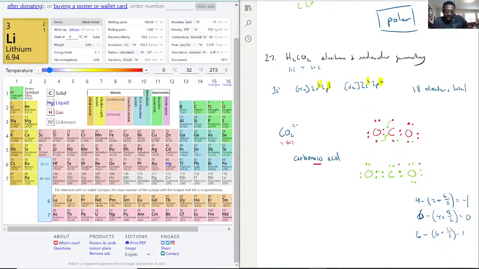So the place the hydrogens would go for H2CO2 would be to make no longer have that negative charge.